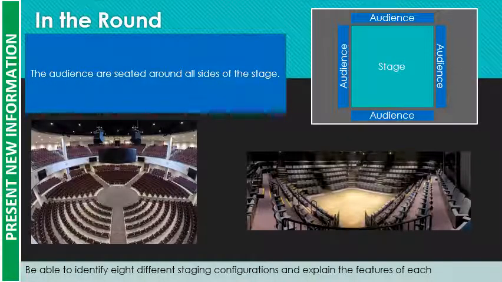The next stage configuration is in the round, or theatre in the round. The audiences are seated around all sides of the stage. Now, don't get confused with thinking that in the round the stage has to be round. It doesn't. What it means is that you have audience on all 4 sides of the stage.